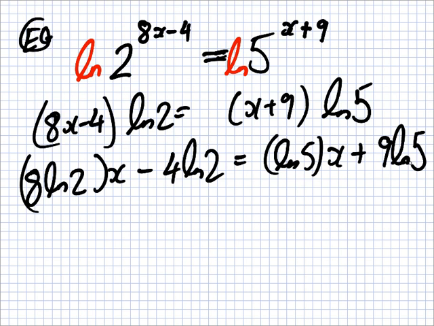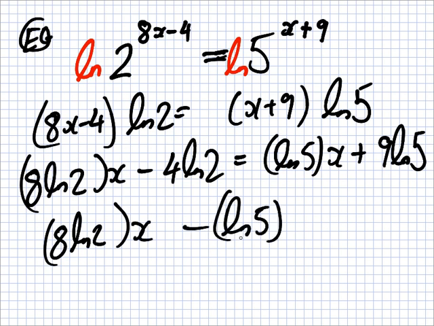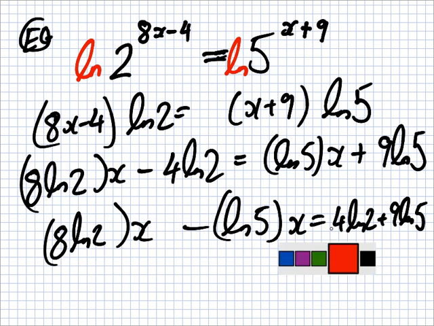Well, we'll just take our x's to the left: 8 log 2 times x minus log 5 times x, and then we'll take the 4 log 2 to the right: equals 4 log 2 plus 9 log 5. It's just a bit of algebra, moving things left and right.